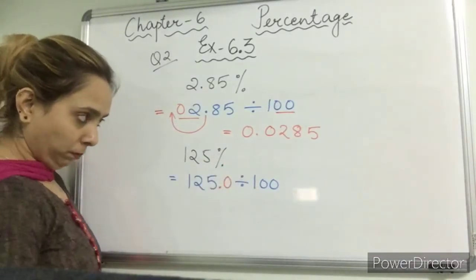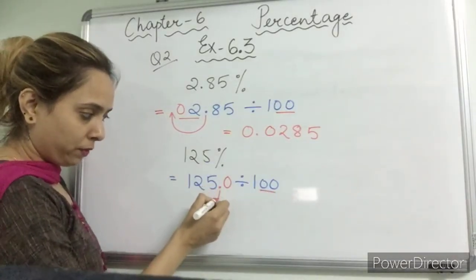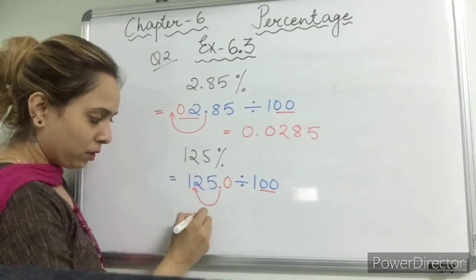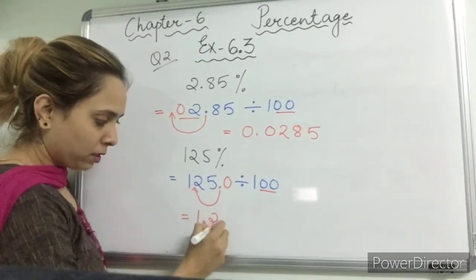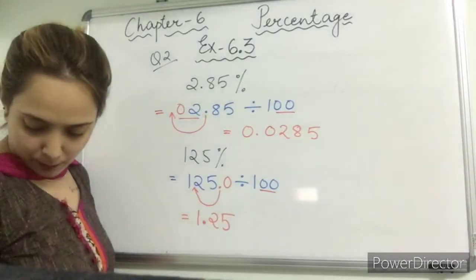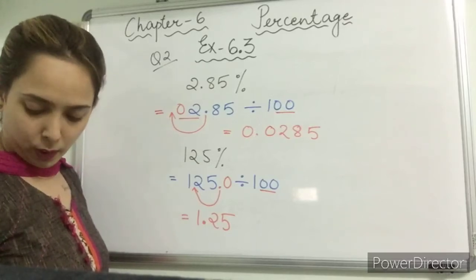Again we have 2 zeros, so this decimal will be shifted towards this side, so the answer will be 1.25. I hope you have this option. Yes, just above the previous answer, 1.25.